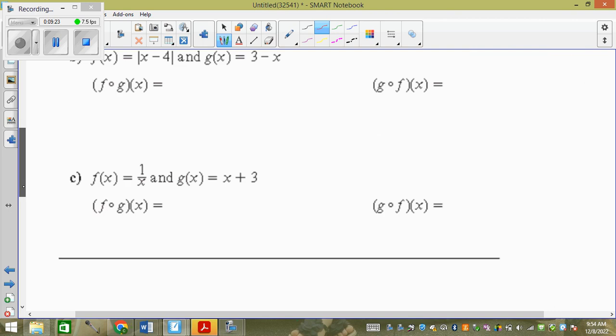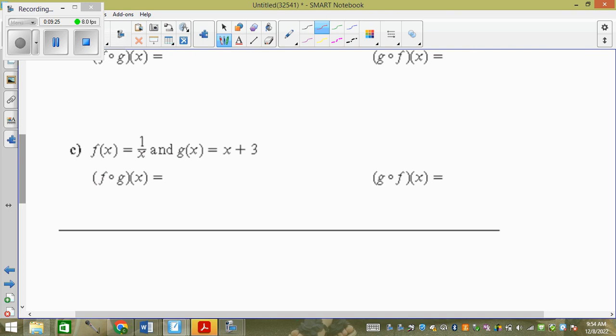Okay, I'm going to go down to C. This one is f of g of x. So I get f of what? Which is, I really need to change my questioning skills, x plus 3. And I'm going to put that in for the x's in f, correct?